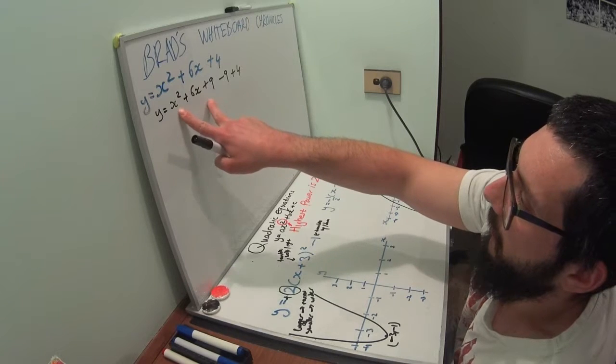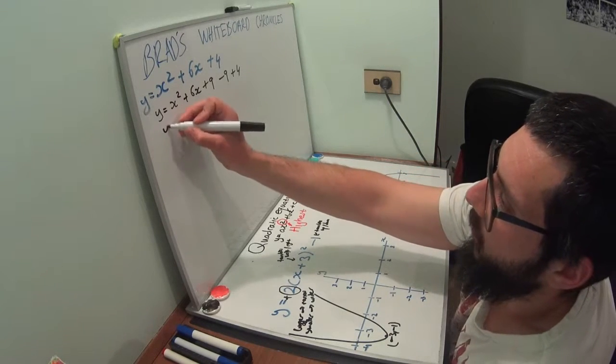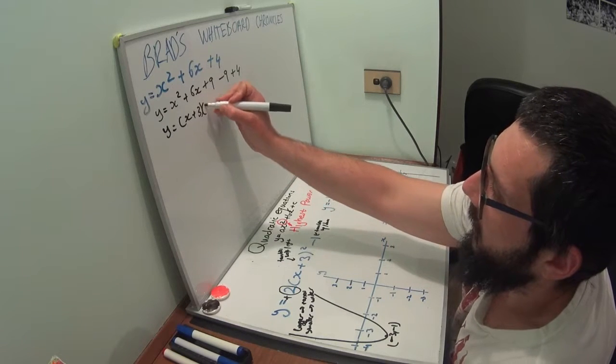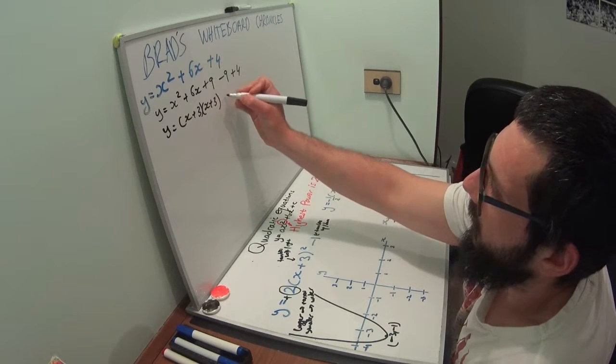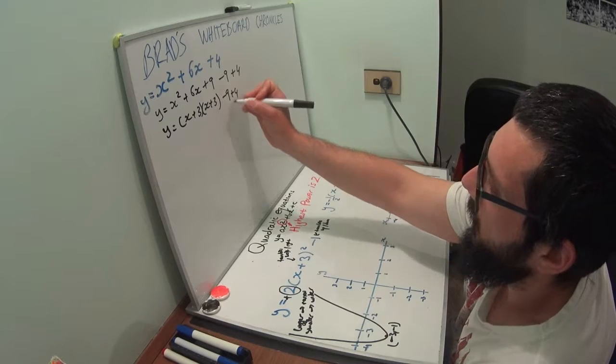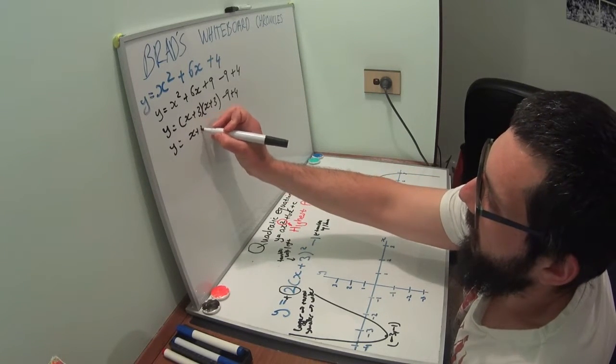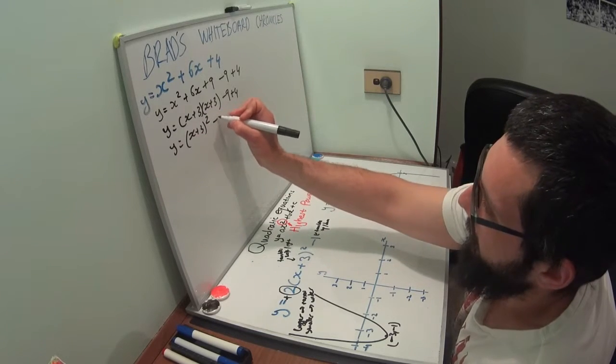So here I can find common factors. So y equals x plus 3, x plus 3, minus 9 plus 4, y equals x plus 3 squared minus 5.